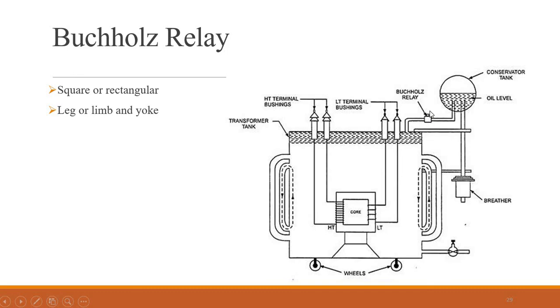Then this Buchholz relay will sense that and give the trip signal to the circuit breaker. Initially, when there is a low flow of gases, it will give an indication by means of the alarm circuit. And if the flow of air or gases is fast, it will give the trip signal to the circuit breaker, and then the supply to this transformer will be cut off, and the transformer will be protected from any further abnormal condition.